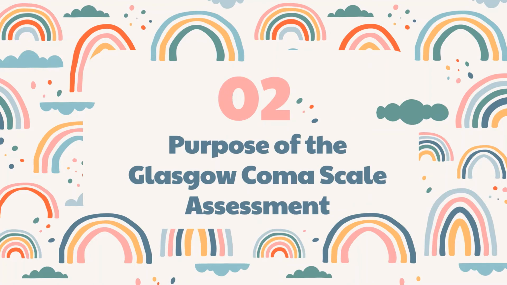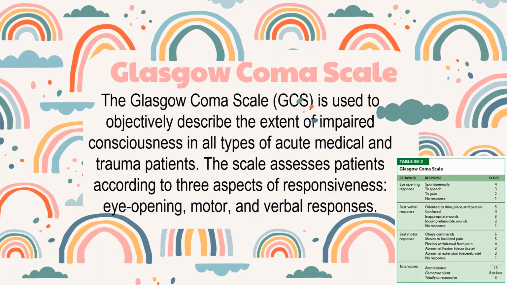Next, CLO is the purpose of the Glasgow Coma Scale assessment. The Glasgow Coma Scale is important because it is used to objectively describe the extent of impaired consciousness in all types of acute medical and trauma patients. The scale assesses patients according to three aspects of responsiveness, namely eye opening, motor, and verbal responses.